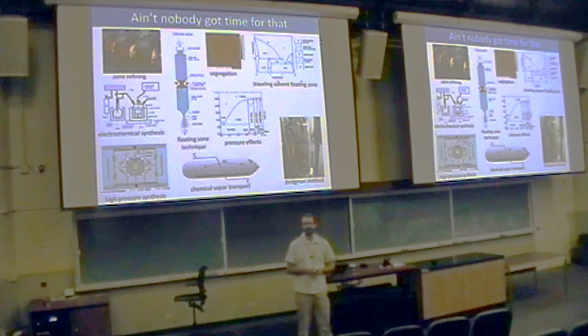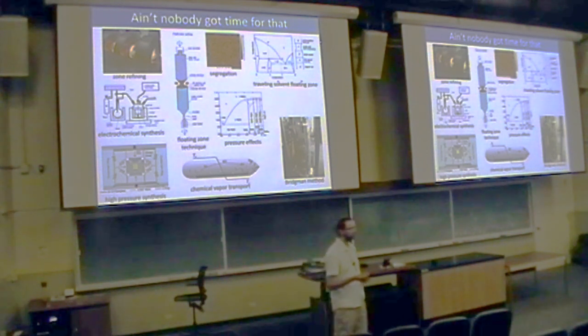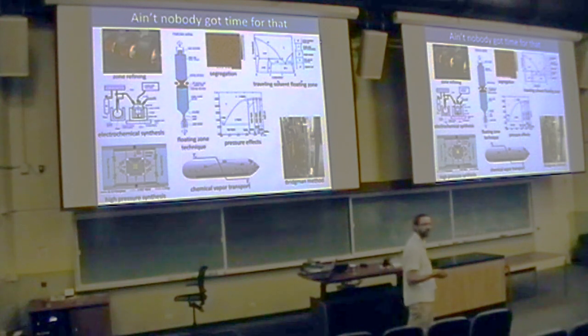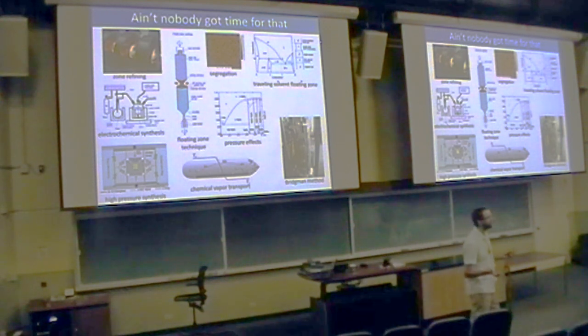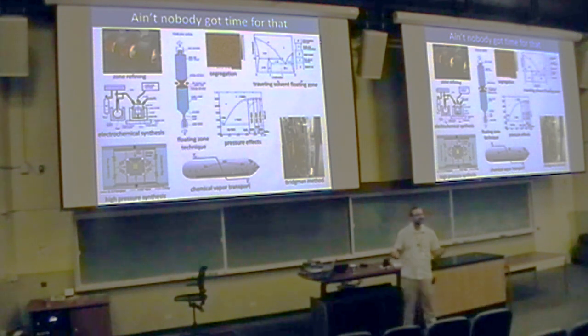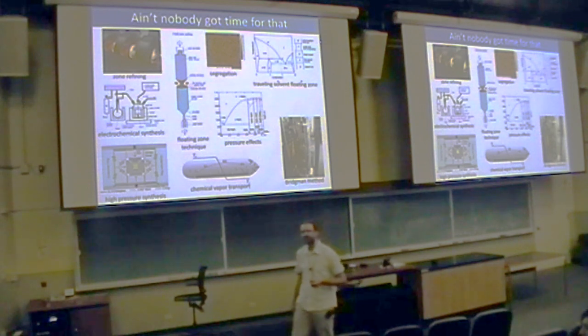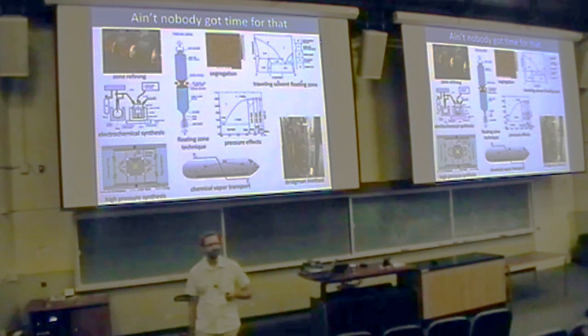How many are there out there? We're talking about inorganic materials. 700, 7,000, more? I have no idea. 50,000? 50,000. Really good.